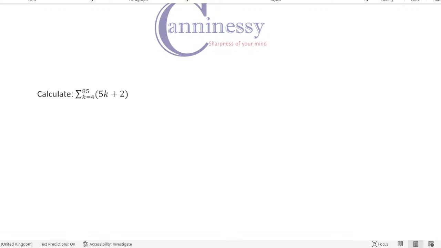I'm gonna give you at least 3 minutes. We have the sum of 85 terms and k is equal to 4. Then we have 5k plus 2. So try and solve this problem. I'm giving you just 2 or 3 minutes.